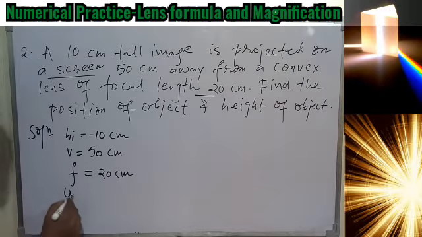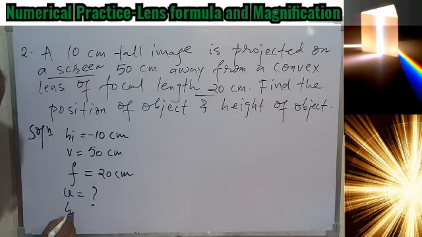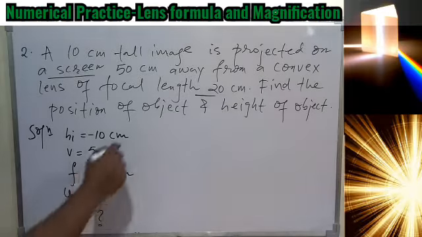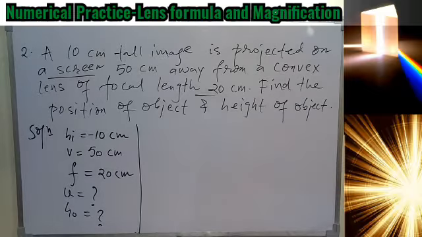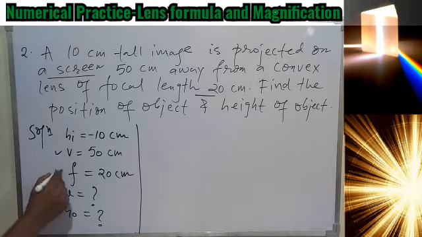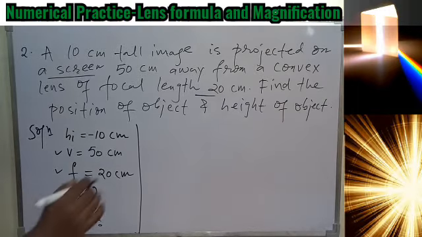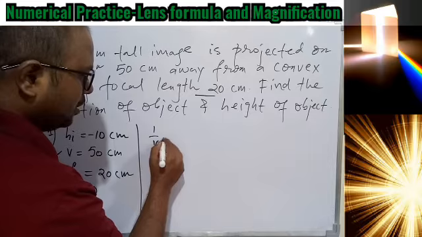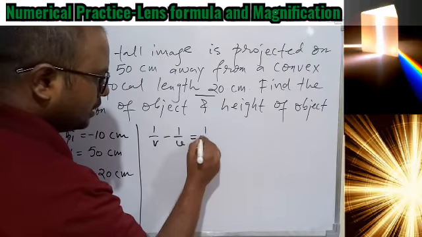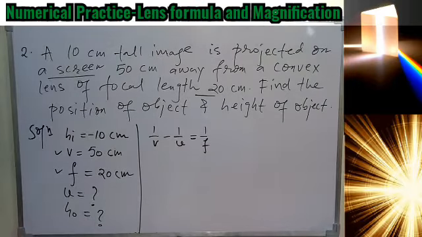So very first, the object distance we don't know, the height of the object we don't know, so we have to solve both. The image distance is given, the focal length is given, and applying the lens formula we can find the object distance. So lens formula, always be alert when you are writing the formula.